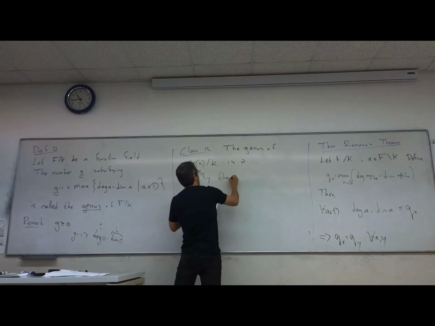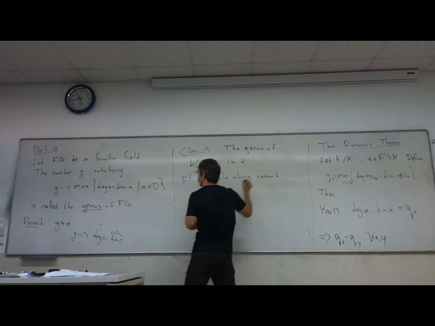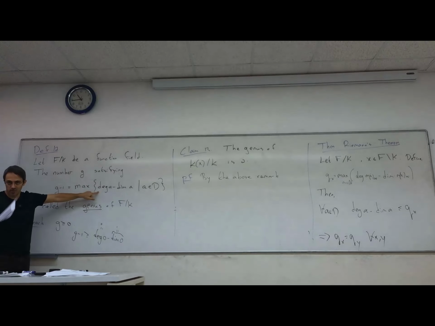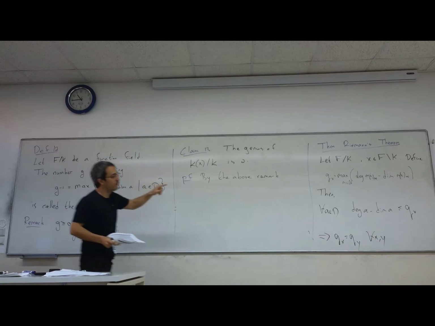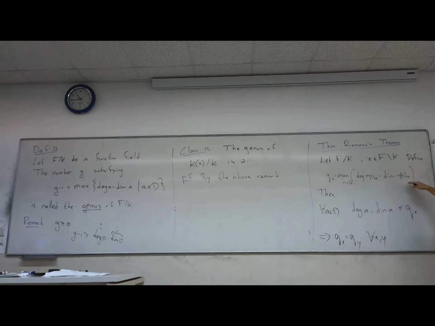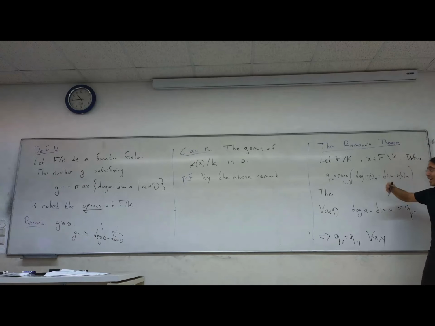Anyhow, by the above remark, how would you compute the genus? It's difficult to compute the genus by this definition because you have to go over all divisors, and who knows what a divisor looks like. But we know that if you take any x that you want, you don't have to consider any divisor.